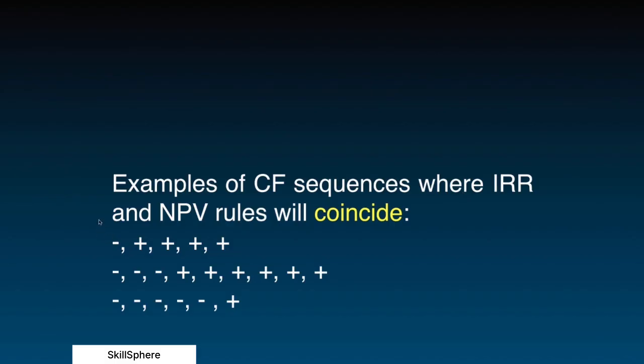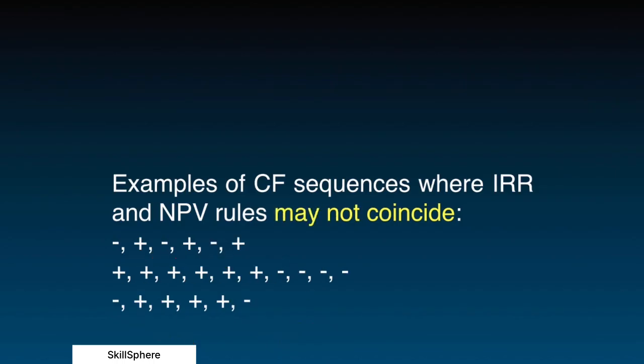I pay a bunch of money today, and then I get nothing but positive cash flows. Or I pay money for years 1, 2, and 3, and then years 4, 5, and on are all positive. The key is that the negatives have to come before the positives. Negative before positive. Then IRR and NPV lead to the same decision.